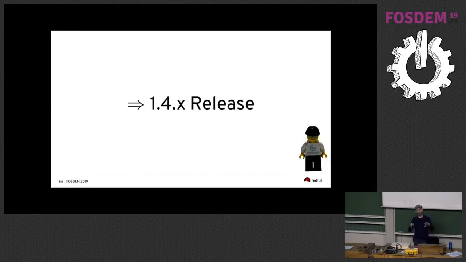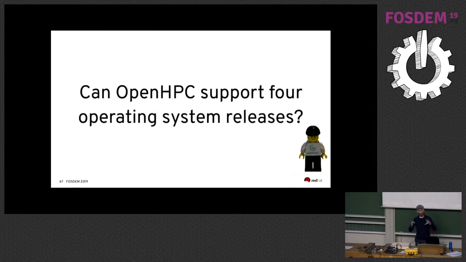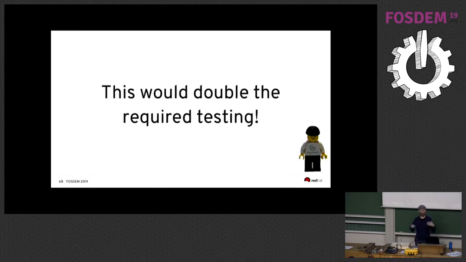Because from our release numbering, this would mean we will switch to a 1.4 release, because 1.3 means you can upgrade all the time, and you cannot really upgrade from 1.3 to 1.4. But doing this would mean that we probably have to drop the support for CentOS 7 and SLES 12, because right now the community does not think we can support 4 operating system releases, and the main problem is the testing.